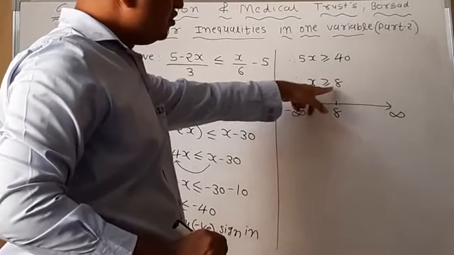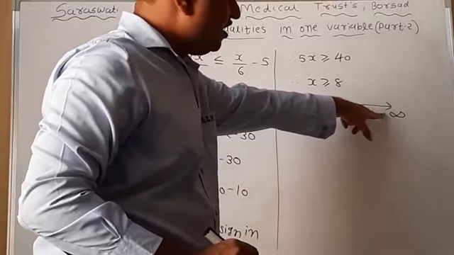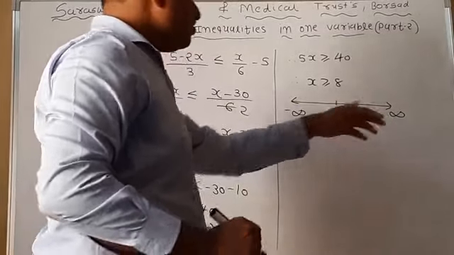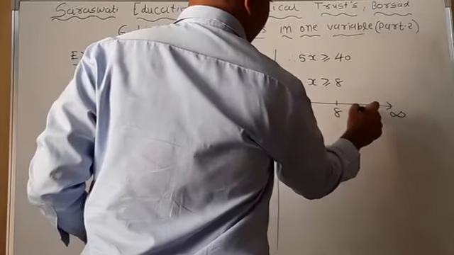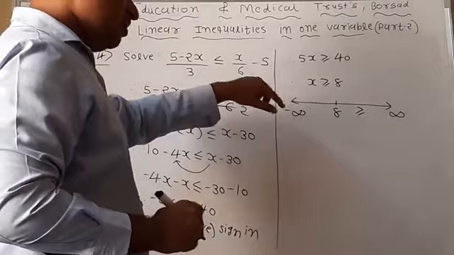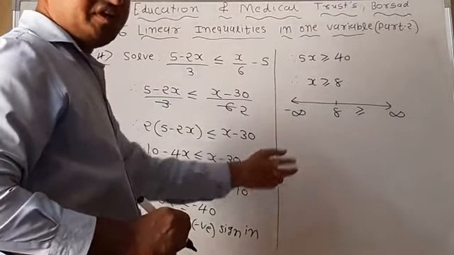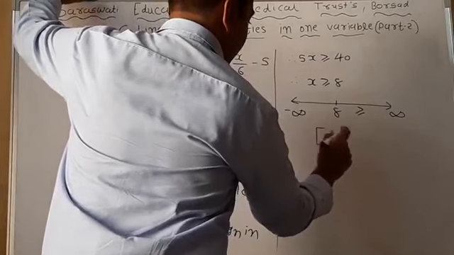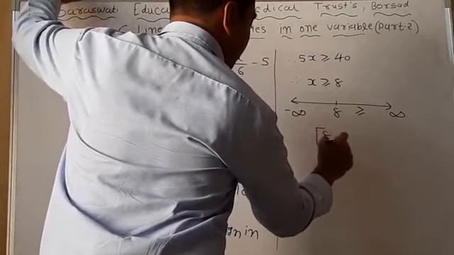Greater than or equal to form is present, and the greater arrow direction is this way, so we write greater than or equal. Since greater than or equal form is present, we write closed interval form.